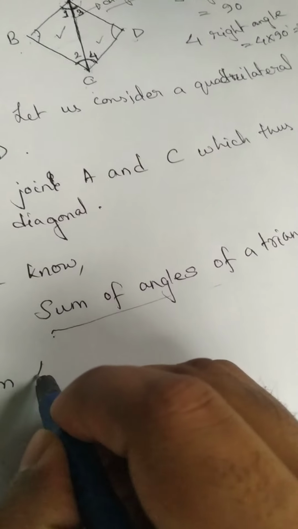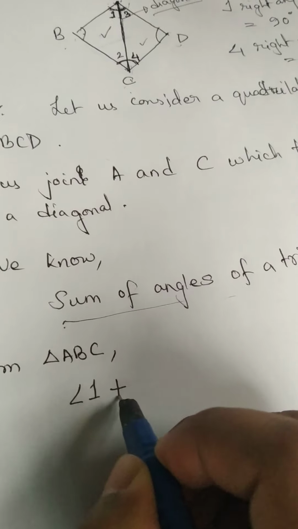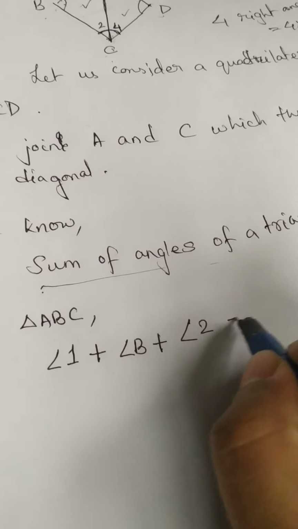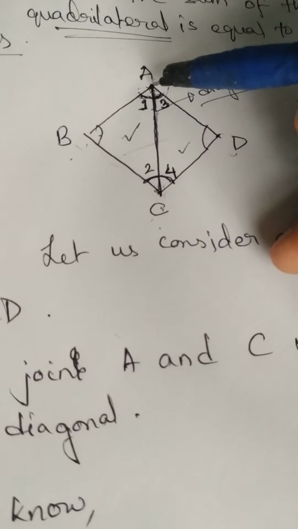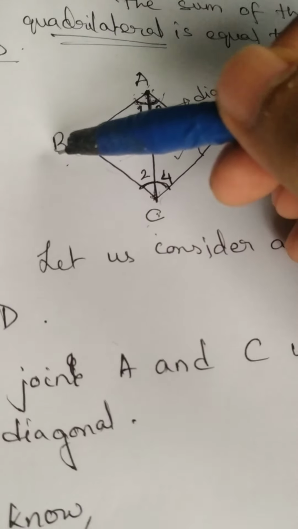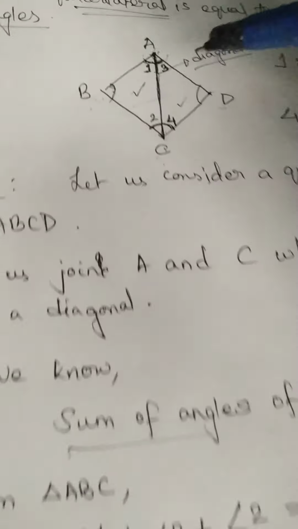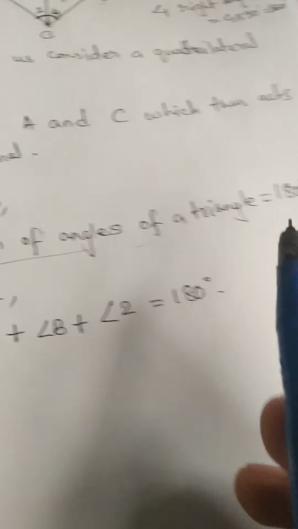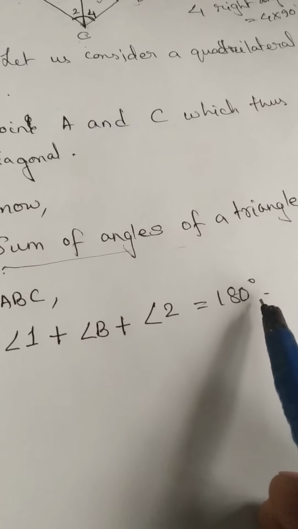From triangle ABC, angle 1 plus angle B plus angle 2 equals 180 degrees. This is angle 1, this whole thing is angle B, and this is angle 2. If you add all these three angles, the sum is 180 degrees.